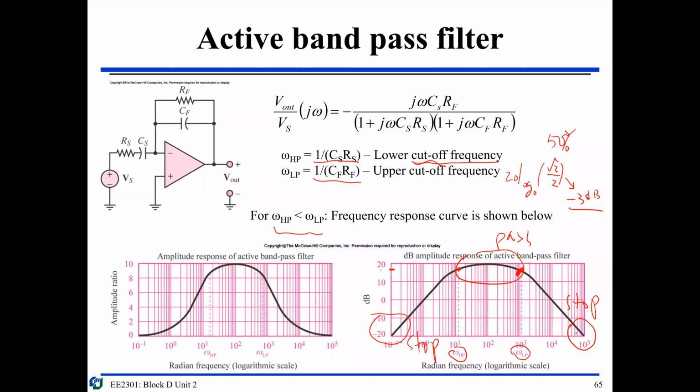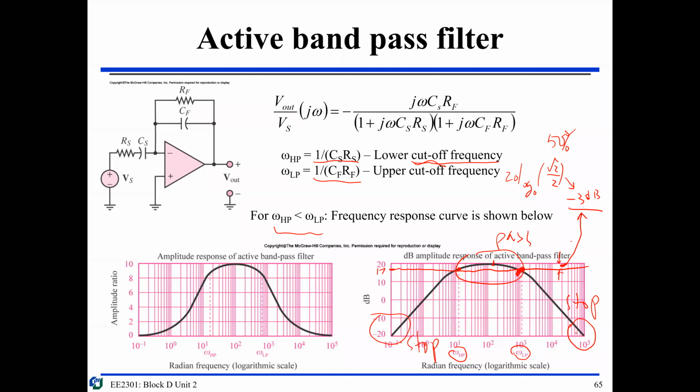So if this is 20, you put a 17 dB line here, then you are going to get this. Because dropping from here to here is -3 dB, and 20 minus 3 dB is 17 dB, right? So this is a band pass.